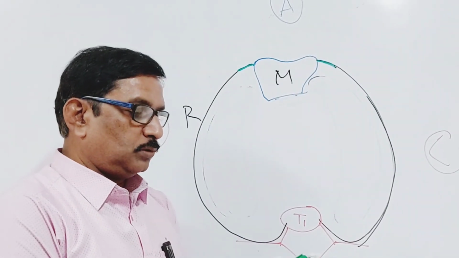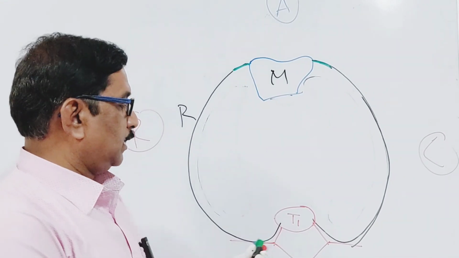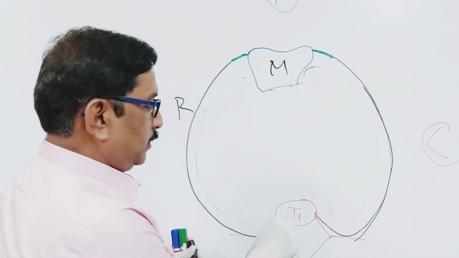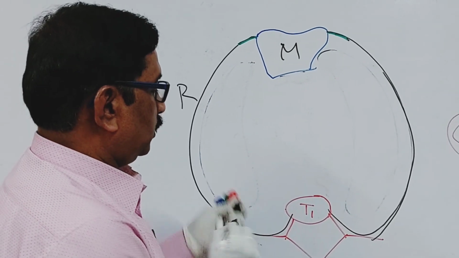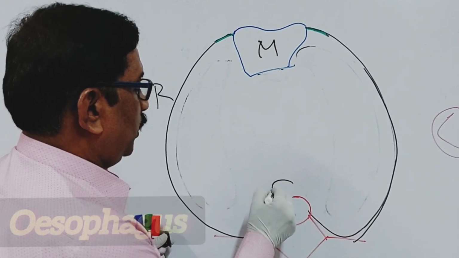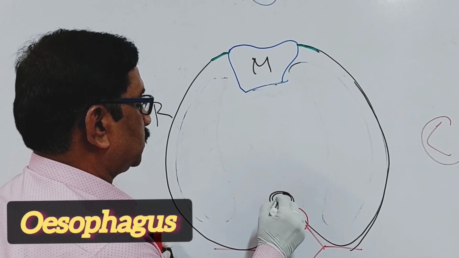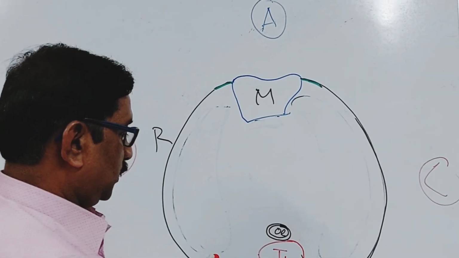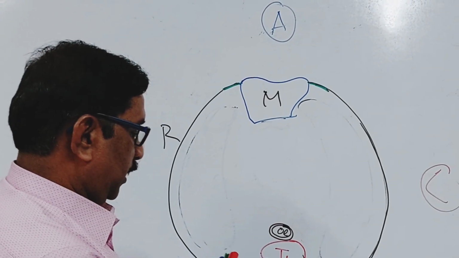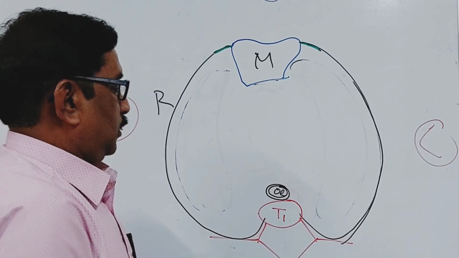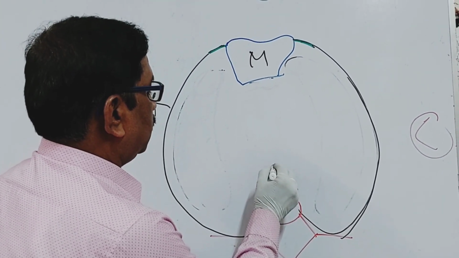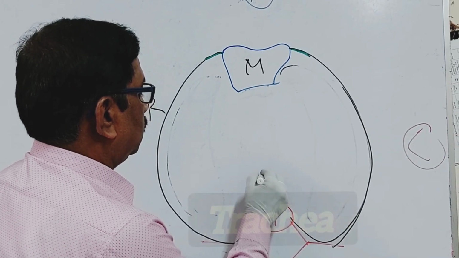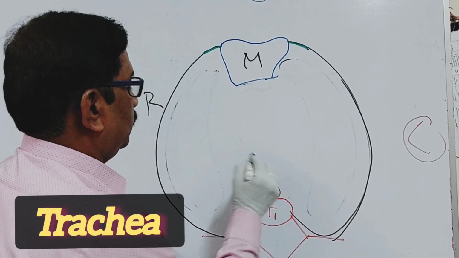Now I will show you the contents of the thoracic inlet. On the posterior side is the first thoracic vertebra, and in front of it there is one tubular structure called the esophagus. This is the esophagus, just in front of the vertebral body. And in front of the esophagus there is another tubular structure, that is the trachea.